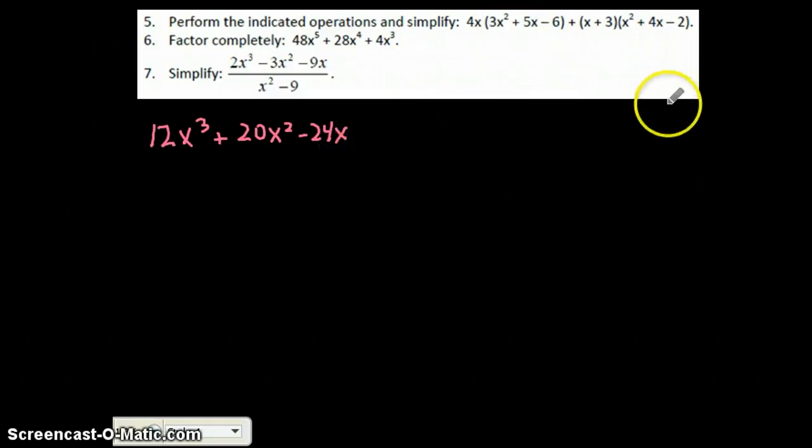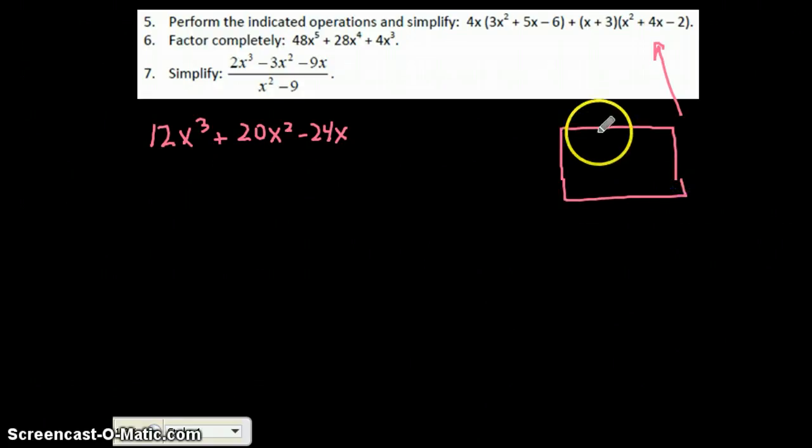Now here we have a pretty significant problem right there. So what I'm going to do is use the box method on that problem. Okay, I have x plus 3, and I have x squared plus 4x minus 2.